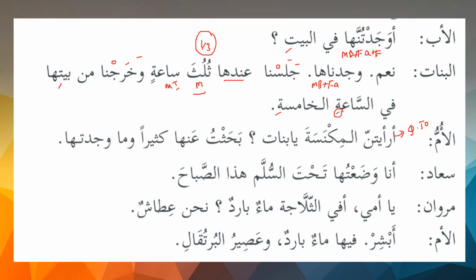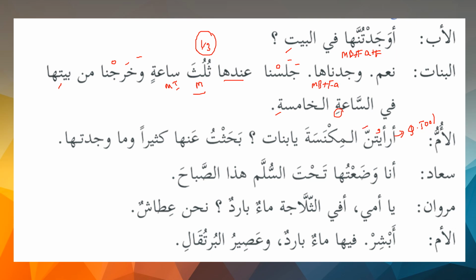So you can see the whole lesson is divided. The first half of the lesson is for the male plural, all the damirs and everything used for the male plurals, and the second half of the lesson is on the feminine plural. So you see all the damirs being used here are for the feminine plural.